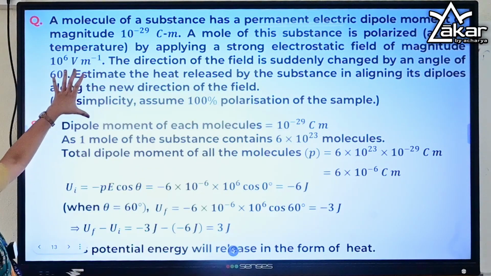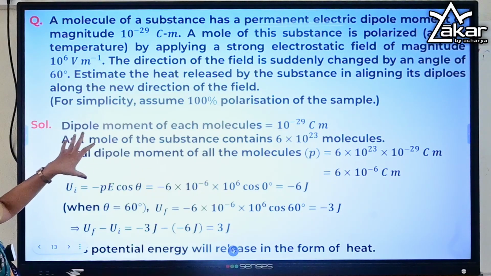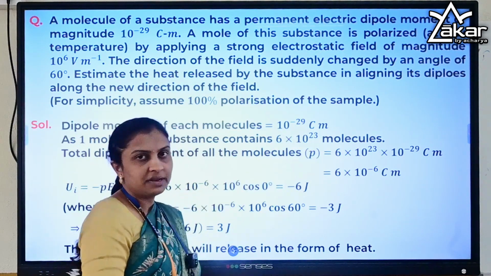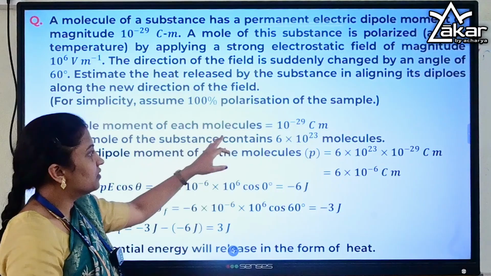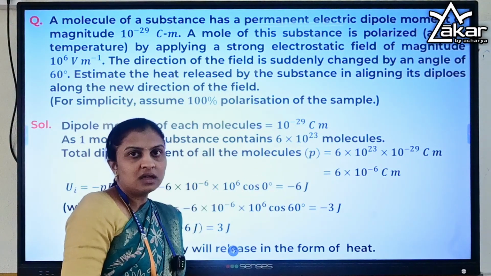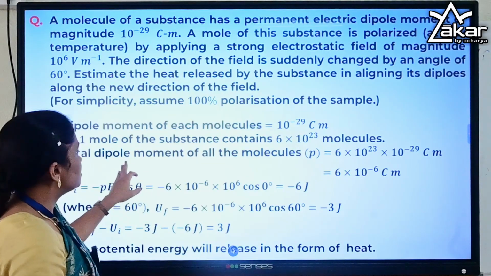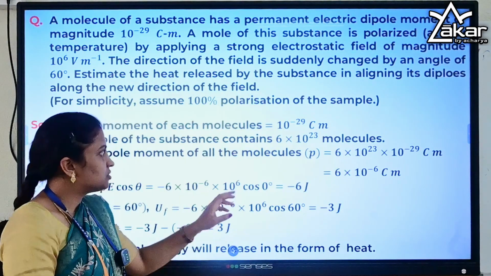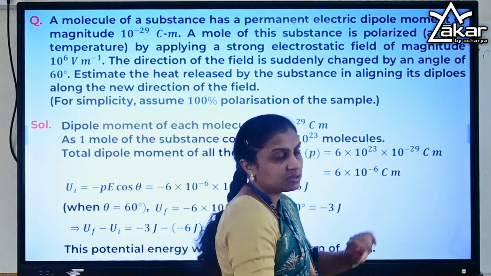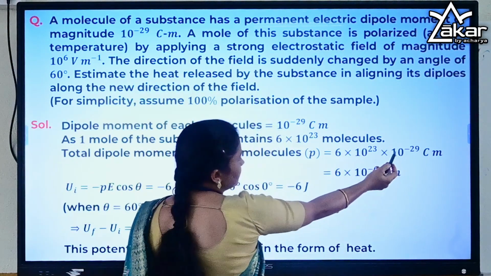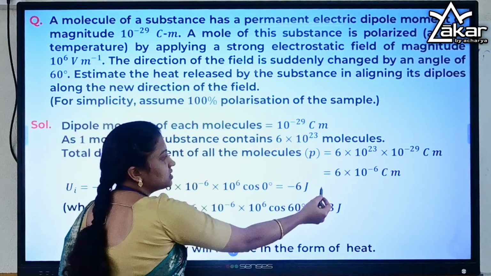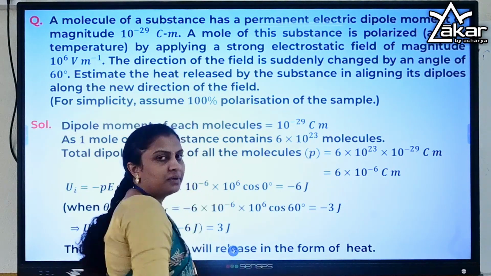In this question they have given dipole moment 10 power minus 29 coulomb meter, and a mole of a substance, that is we know already 6 into 10 power 23 molecules. So the total dipole moment, just multiply both of that, 6 into 10 power 23 into 10 power minus 29. So minus 29 plus 23, I will get minus 6. So that is 6 into 10 power minus 6 coulomb meter.